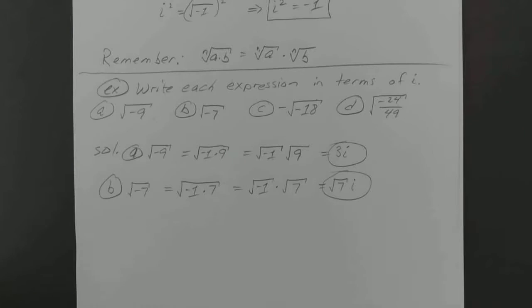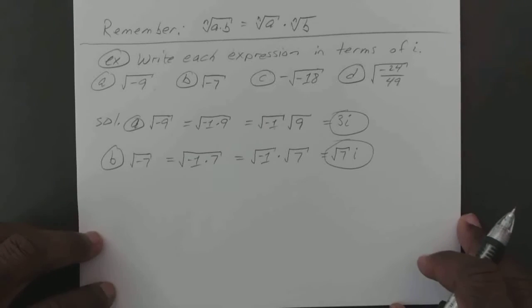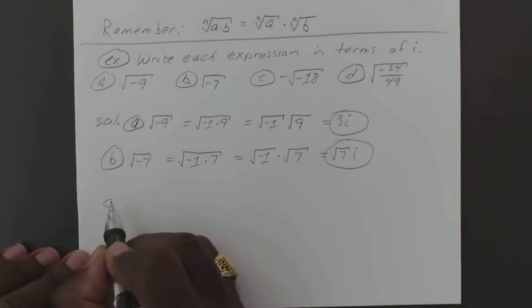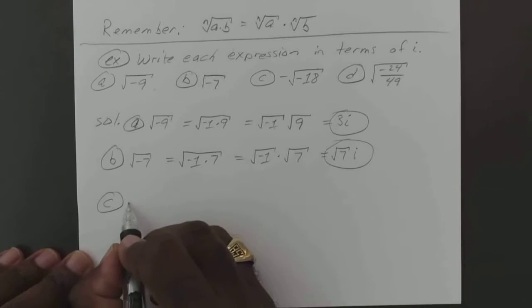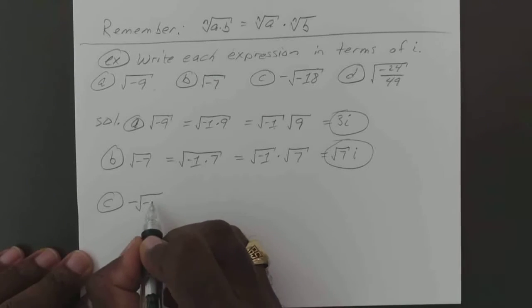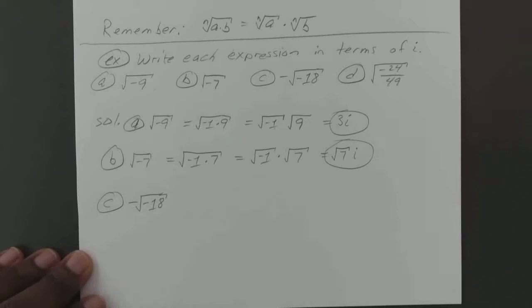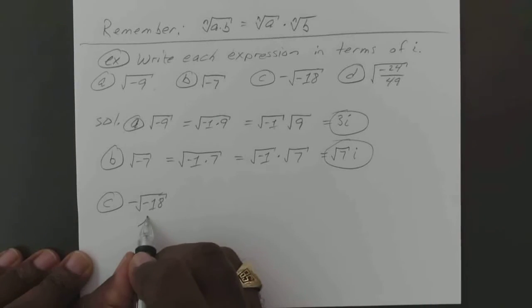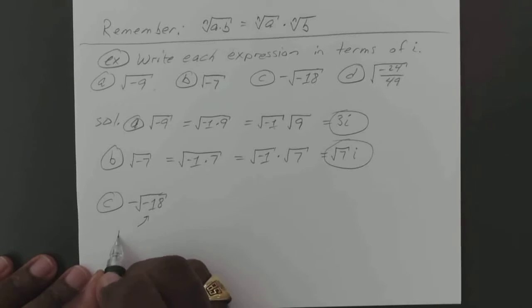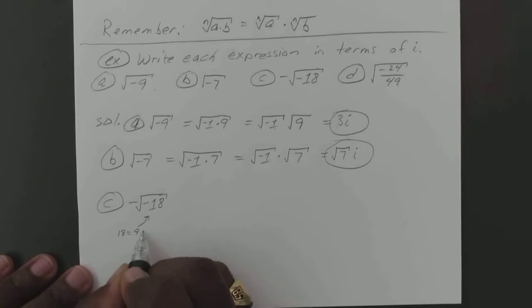Okay. Now the same thing for C. The negative square root of negative 18. We just have to remember that 18 is equal to 9 times 2.